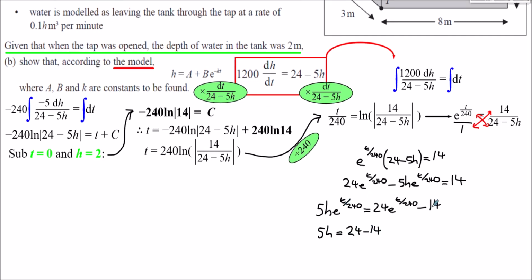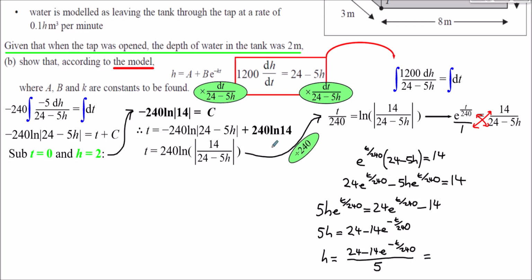Then that divide by e to the power t over 240 becomes e to the power minus t over 240. Then divide everything by 5. So h is going to be 24 minus 14e to the minus t over 240, all over 5.